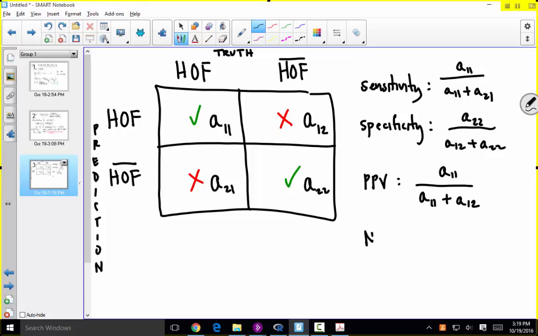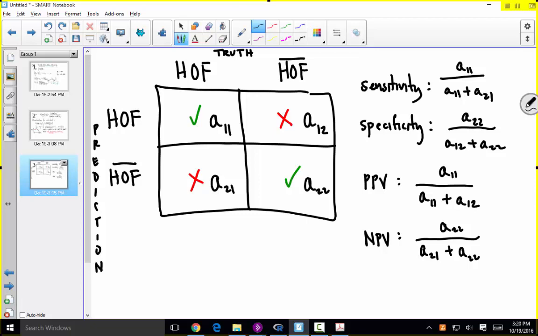Then negative predictive value is the analogous thing for what proportion of our no's were correct. Here were all of our no's, A21 plus A22, and the ones we got right were A22. So, use cross-validation.